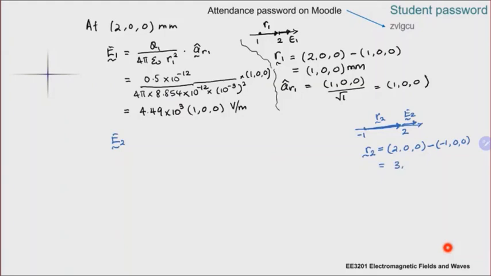This will be 3, 0, 0 millimeters. The unit vector of this is 3, 0, 0 divided by root 3. This is equal to Q2 over 4 pi epsilon naught R2 squared times the unit vector of R2.